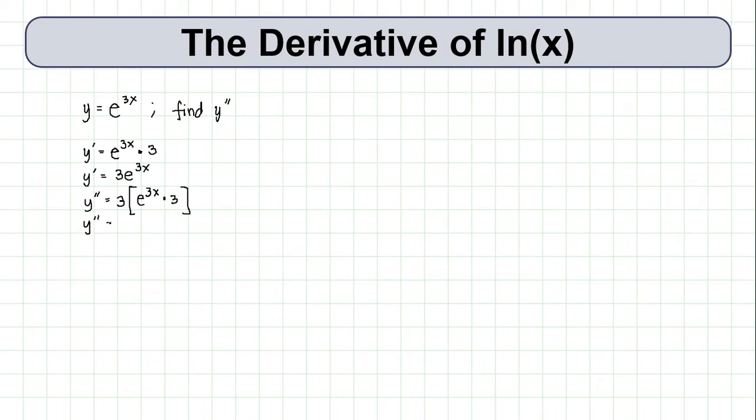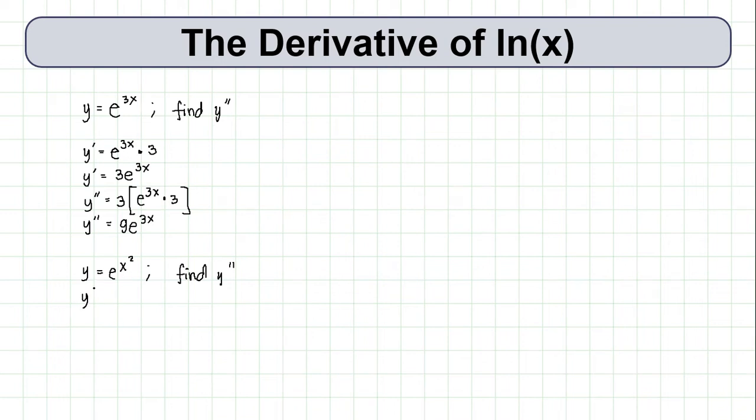Therefore, y double prime is equal to 9 e to the 3x. So, yung isa naman. Let's say y is equal to e to the x squared. Find y double prime. So, ito medyo mahirap-hirap na kaunti kasi meron siyang x squared.